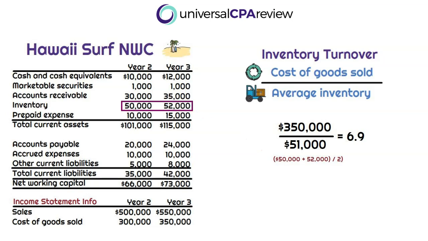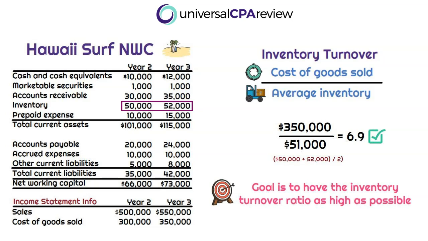And so cost of goods sold of $350,000 divided by average inventory of $51,000, that equals inventory turnover of 6.9 times. So in that 1 year period, the company flipped or sold through their inventory 6.9 times. And a company wants to have this ratio as high as possible because that means they're purchasing, manufacturing, distributing, and selling it more quickly.